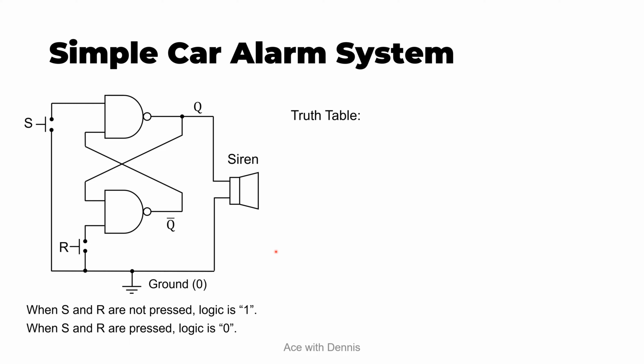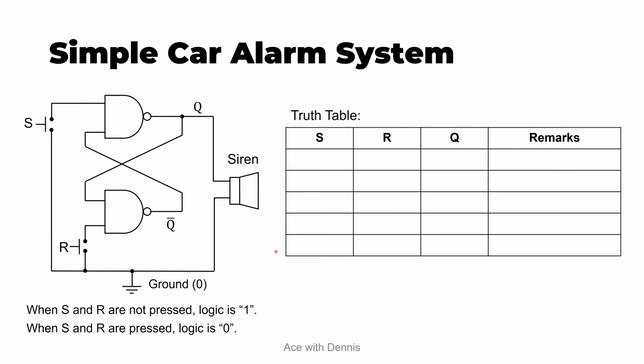Now here's the truth table for this simple car alarm system. At first it is in the initial state, which is the memory state. Let's assume the output is 0, so the siren is not triggered. S and R must both be 1 because both are not pressed.